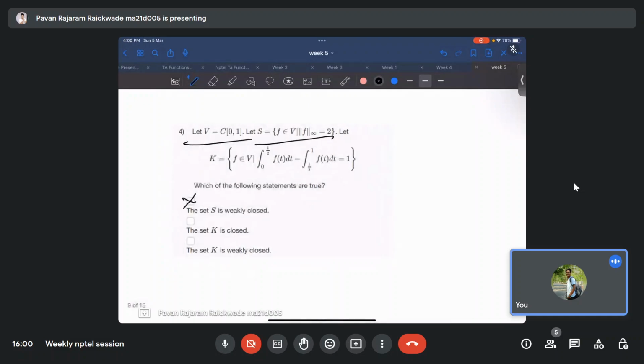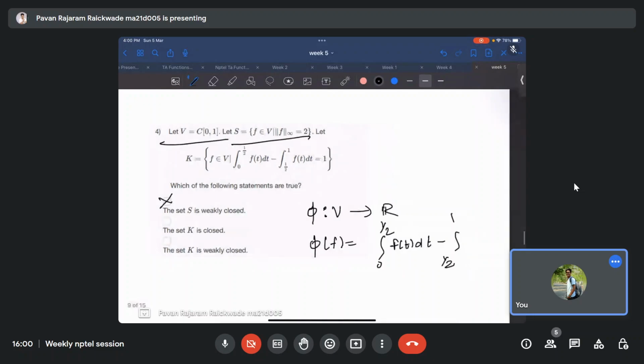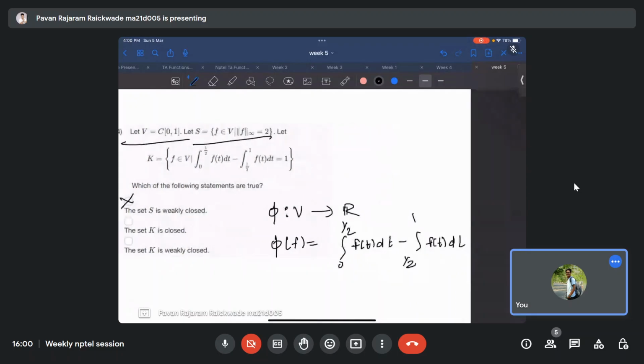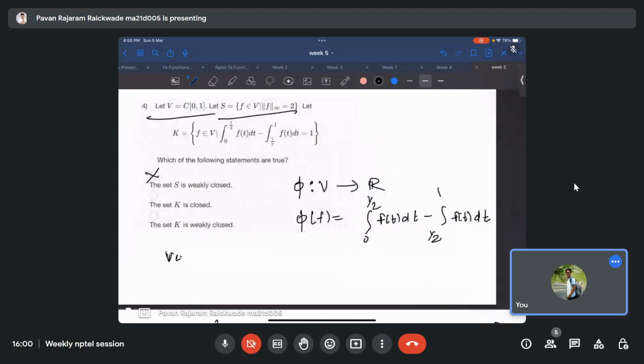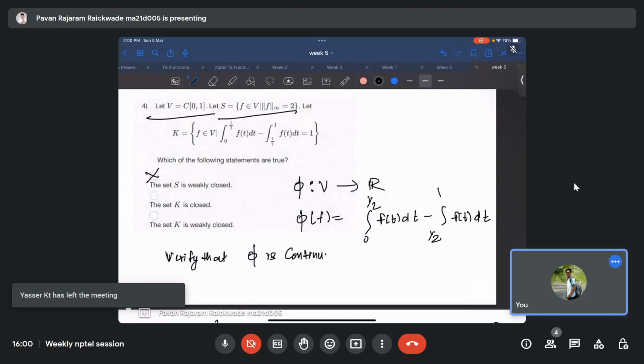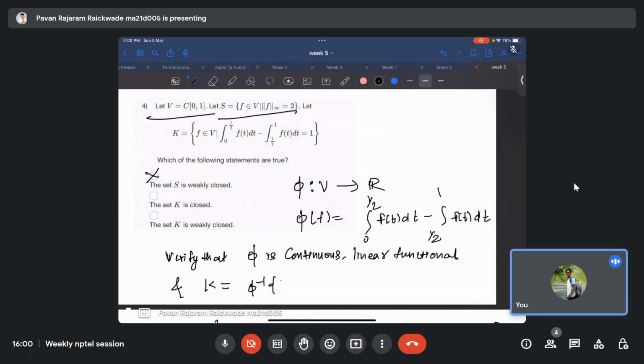So in fact, if I define a new function phi as phi of f equals the integral from 0 to half of f(t) dt minus the integral from half to 1 of f(t) dt, then verify that phi is a continuous linear functional and K is just phi inverse of the singleton 1.